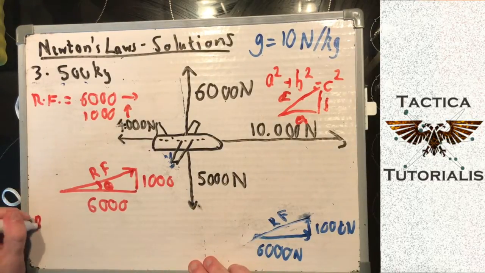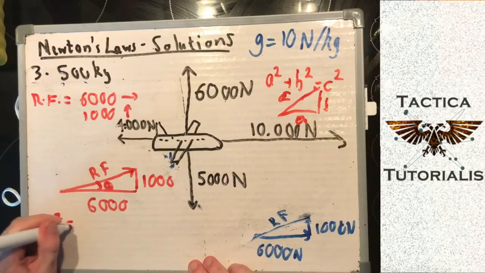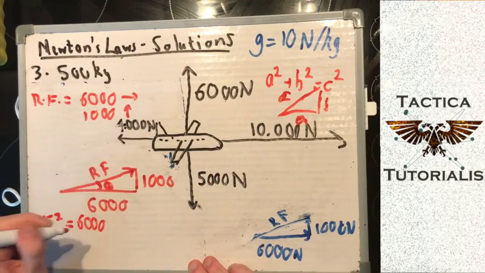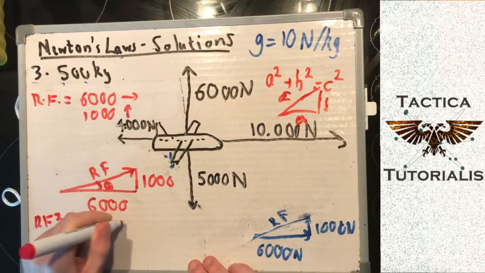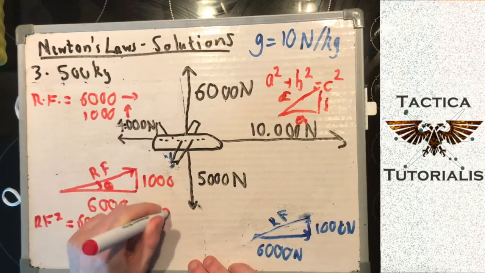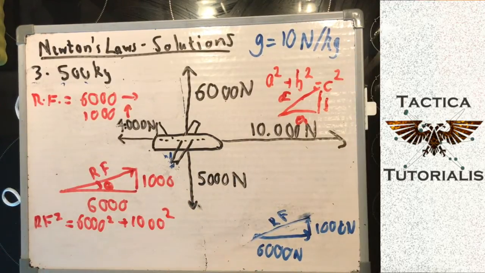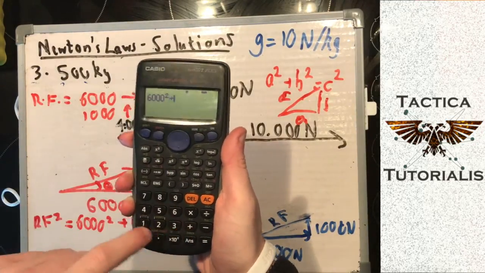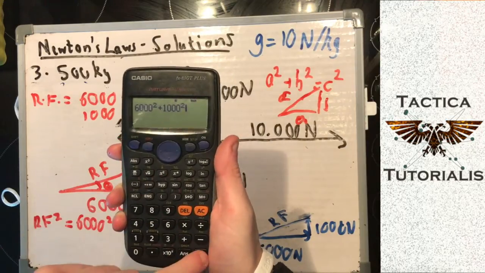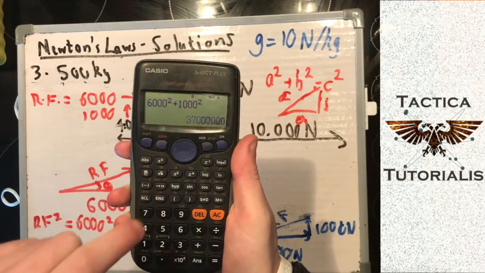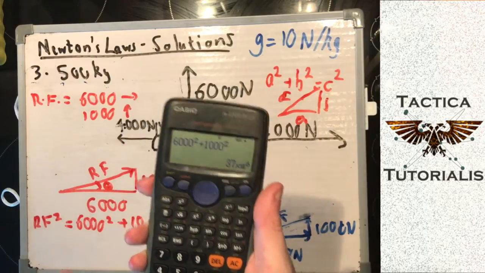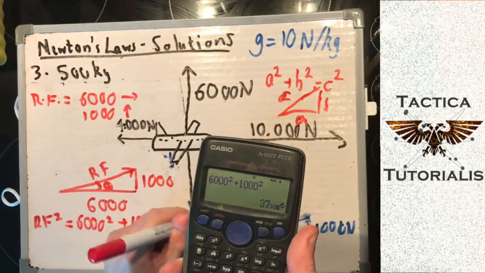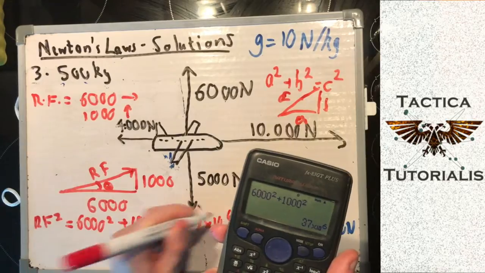So, RF squared is equal to 6,000 all squared plus 1,000 all squared. Now, I could do that in my head, but we're not going to. 6,000 squared plus 1,000 squared is 37 million. 37 times 10 to the 6.